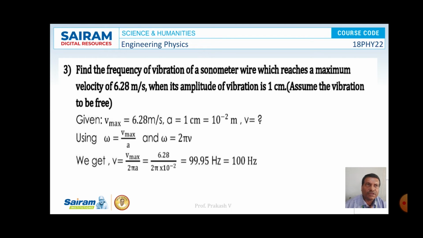So if you are given V max and amplitude, you can calculate the frequency of vibration of the sonometer wire, that is mu equal to V max by 2 pi A, which is nothing but 100 Hertz. So this is the solution for the given problem.